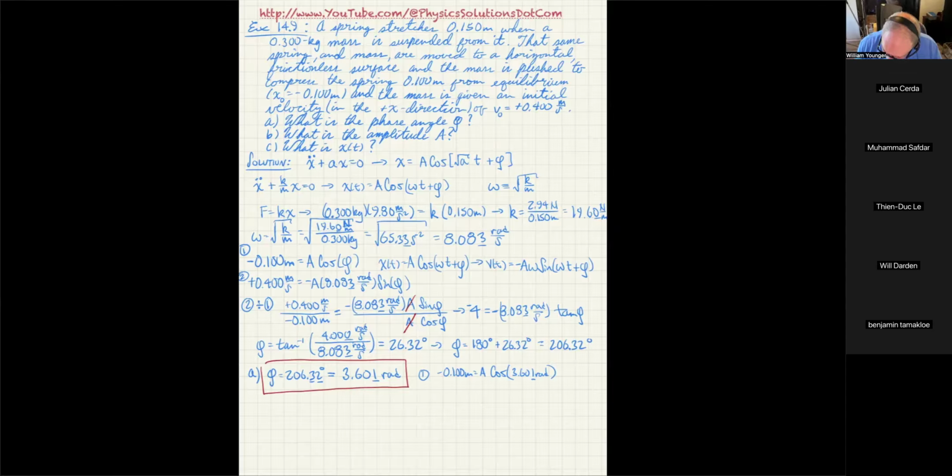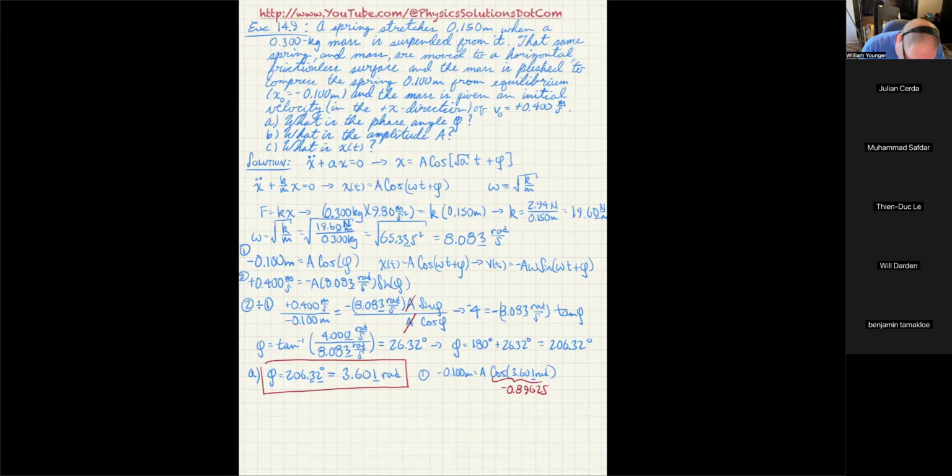So I'm going to take the cosine of 206.33, and that's going to give me negative 0.89625. And from that, I can solve for A by taking negative 0.100 and dividing it by the answer that I just got.